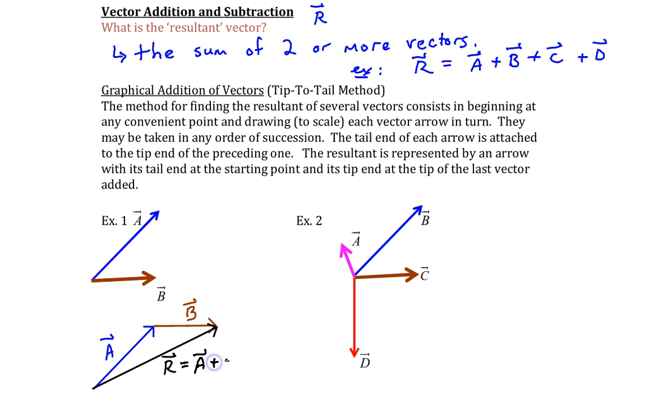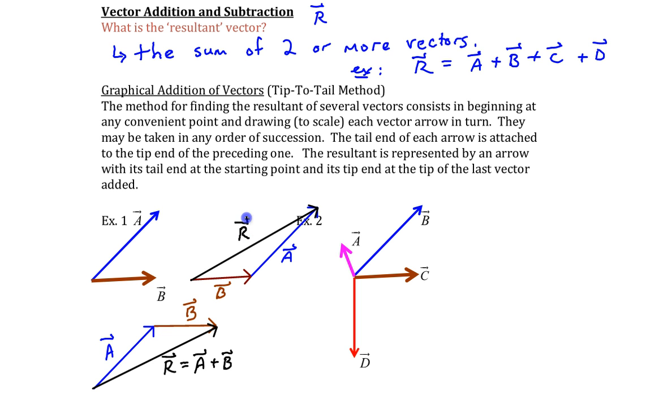But what would happen if I were to reverse the addition order and add B, then A? There's vector B, and now I'll add vector A to the tip of B. And there I'll put vector A, and now let's show the resultant vector R. Once again, it will start at the very tail of the first vector and go to the very tip of the last vector I added.